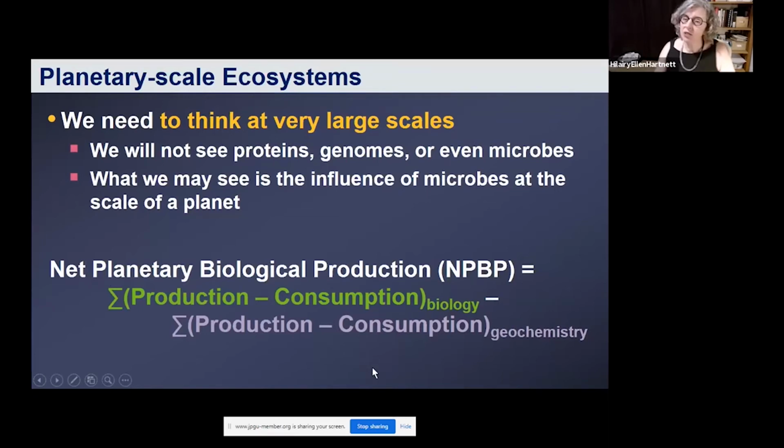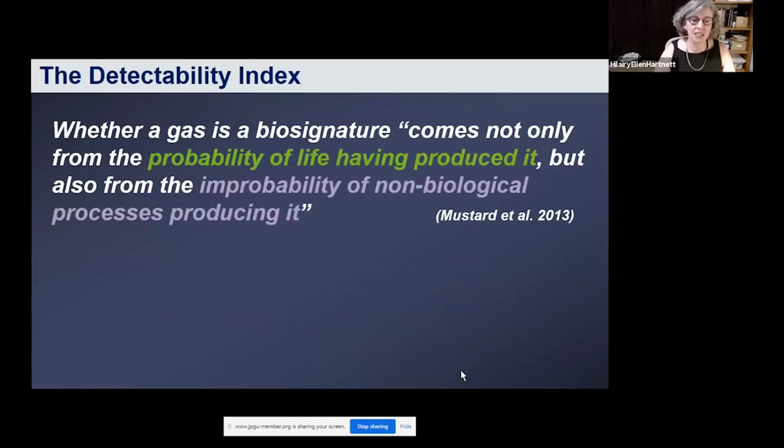So to get at a way to quantify these two, the biological term and the non-biological term, our team has developed what we call the Detectability Index. When you think about a biosignature, for example, oxygen gas in the atmosphere, whether a gas is a biosignature comes not only from the probability that life produced it, but also from the improbability that a non-biological process produced it.